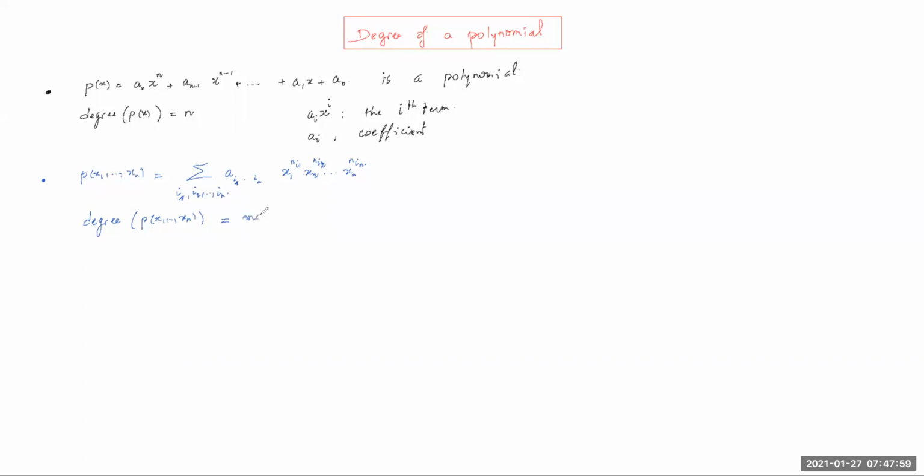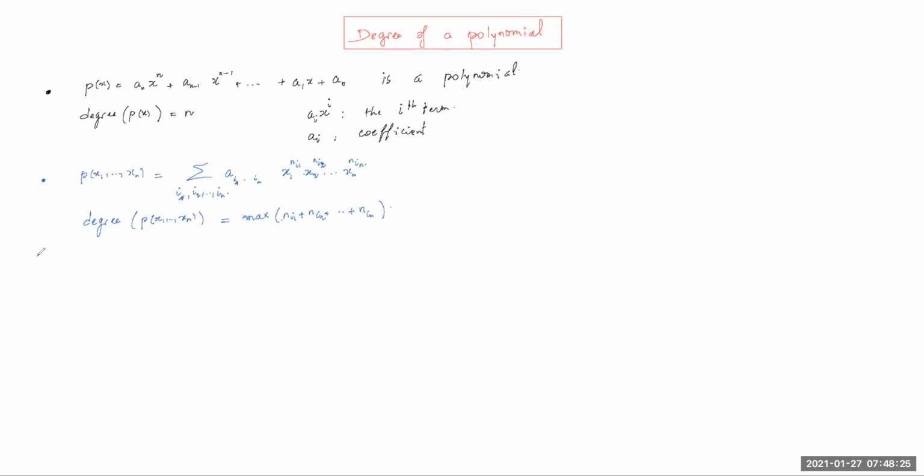The highest sum among all the terms of the polynomial will be the degree of our polynomial. Let's do an example about that.